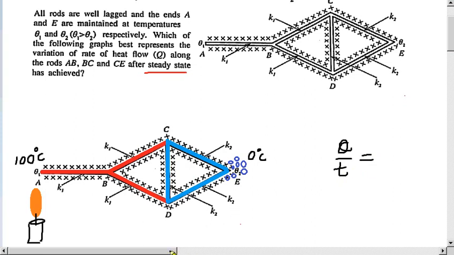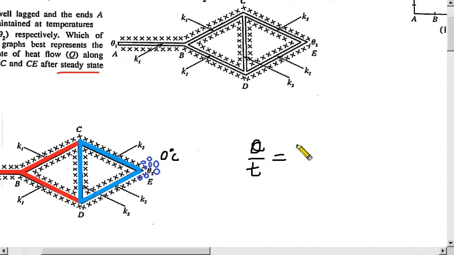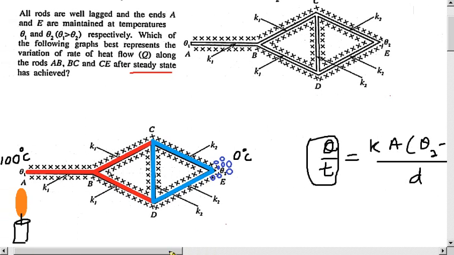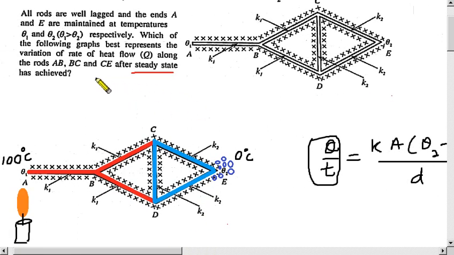In the thermal conduction equation, it is K A (theta 1 minus theta 2) divided by d, where d is the length of the rod. This is the thing they are asking about, which they have denoted as Q. So we have to use this one as Q dash and t dash therefore.